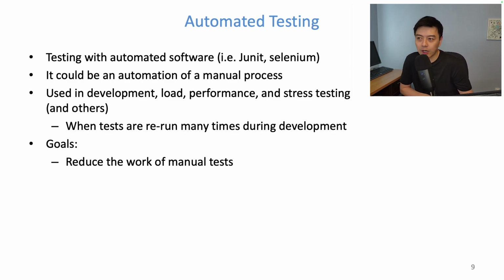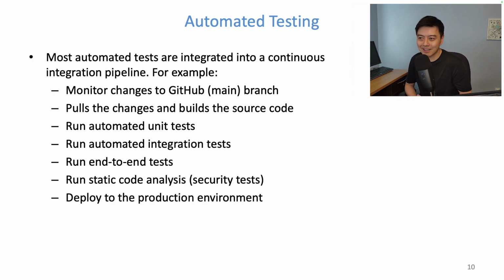So the goals for automated testing would obviously be to reduce the amount of work of manual tests, but also we want to be able to put it as part of a production pipeline so that we don't have to care about having to run these manual tests every time we deploy something, right? It will actually give us more confidence in terms of our application working because it's passed all of these automated tests. So what do I mean by this automated test or continuous integration pipeline?